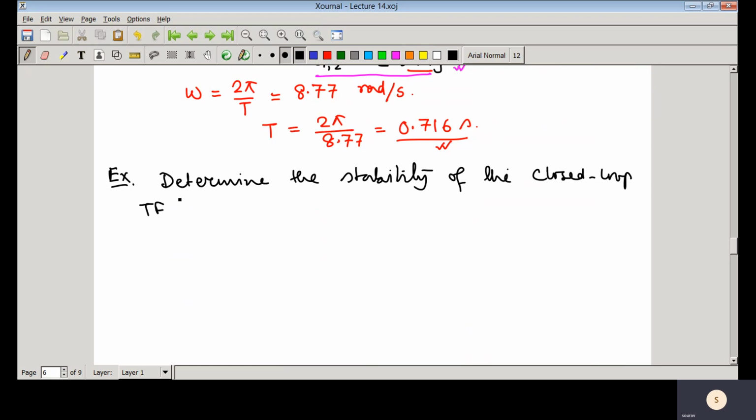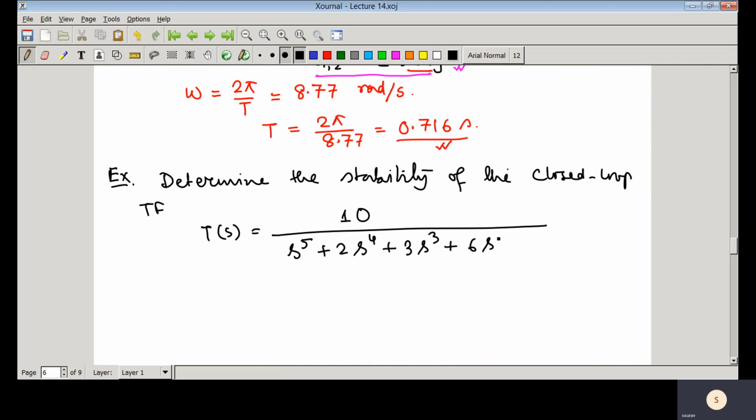Suppose a transfer function is given, that is T(s) equal to 10 divided by s^5 + 2s^4 + 3s^3 + 6s^2 + 5s + 3. If this is the closed loop system, we need to determine the stability. That means this is the characteristic polynomial, so we can write the characteristic polynomial equal to 0.